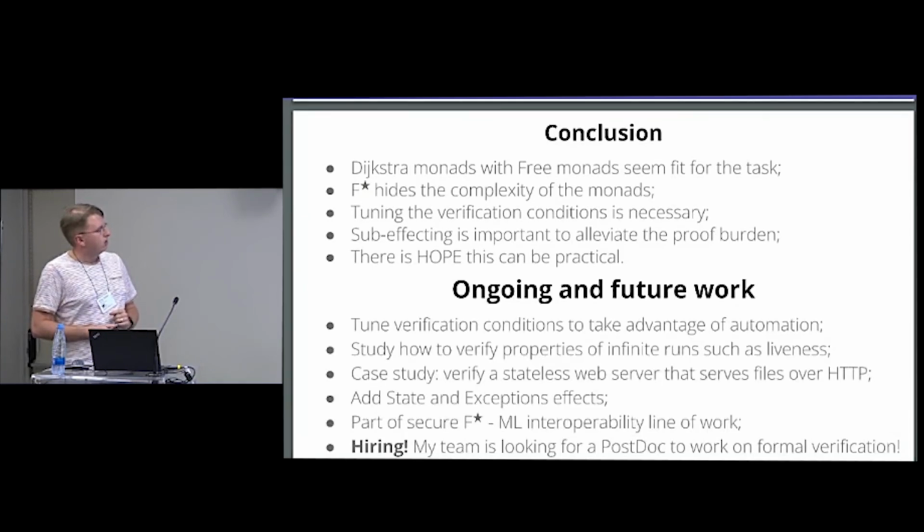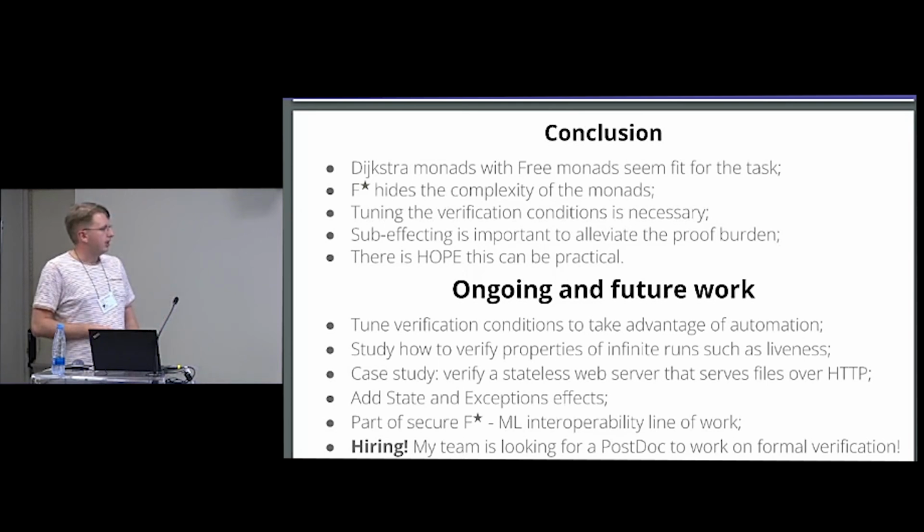And for ongoing and future work, we would like to continue tuning to take advantage of the automation. We want to look more into how to verify properties of infinite runs, such as liveness. I showed you what we try to do, but we don't want to use tactics, we want to use automation.